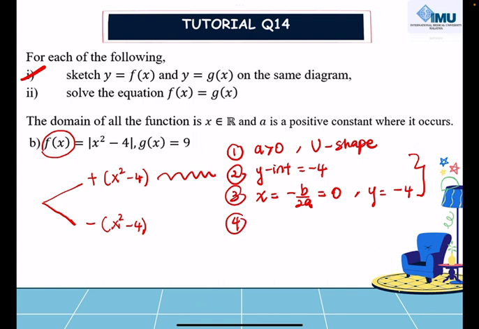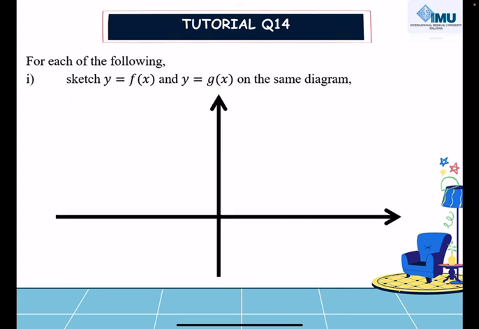Number 4, the roots of your quadratic. Very simple, you just need to solve by equating f(x) equals 0. You will obtain the roots of positive 2 and negative 2. Now, since we have all the information, let's sketch the positive function of the quadratic.